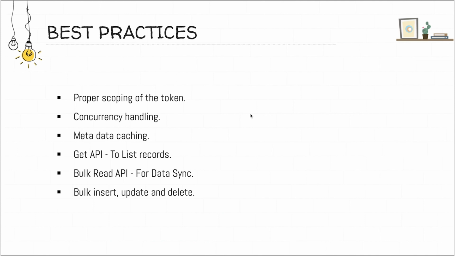Then you could wait and send 600 API requests in a single call, and bulk insert, update, and delete. Like I said before, instead of making individual API calls, you could go for a single bulk API call, since there are about 200 requests available for one API call. And that's it for the new version of APIs.